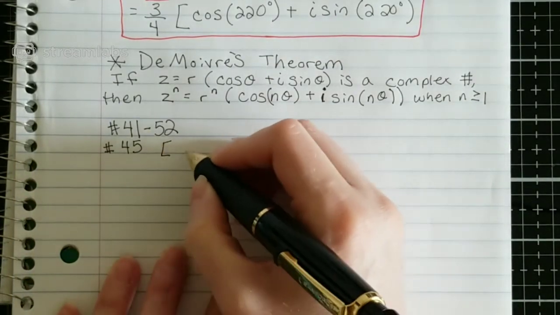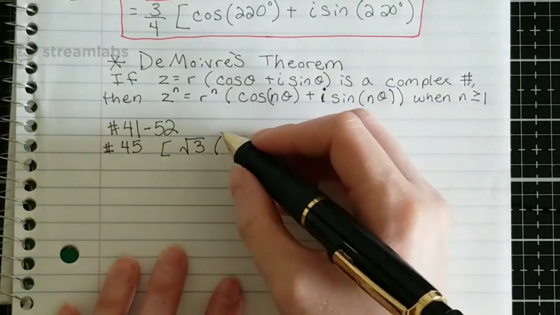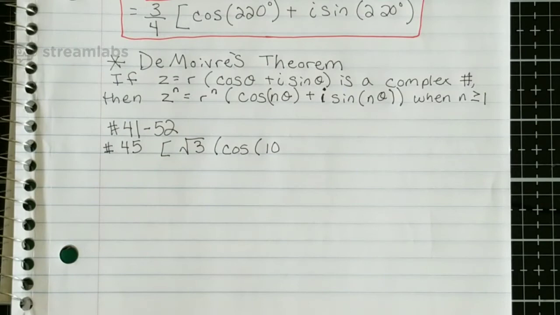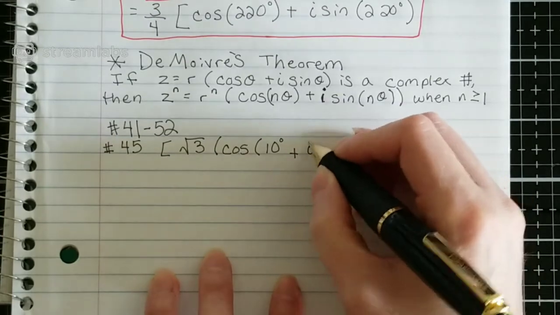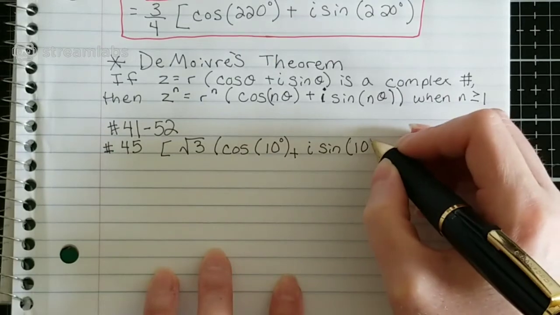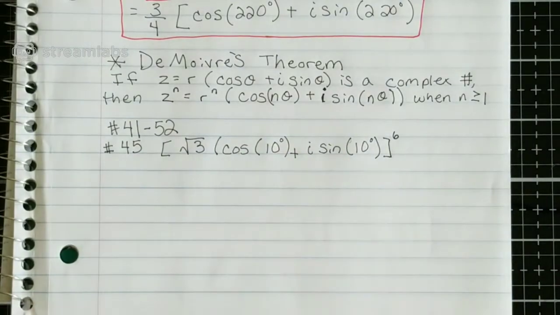All right, so we have the square root of 3 times the cos of 10 degrees plus i sine 10 degrees, all to the 6th exponent.